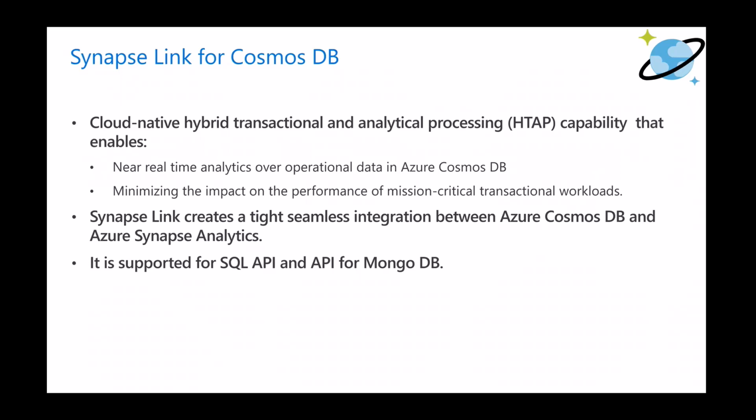And while doing that, it minimizes the impact on performance on your transactional workload. It does this by integrating Azure Cosmos DB with Azure Synapse Analytics. So there are two products that are involved here. And currently it's supported on the SQL API and the MongoDB API of Cosmos DB.